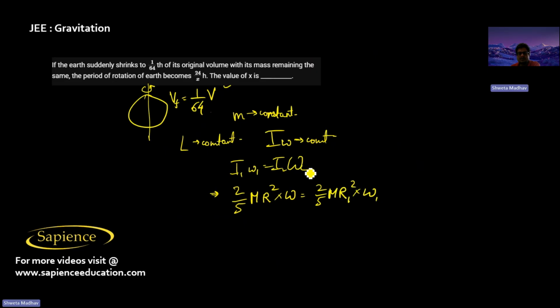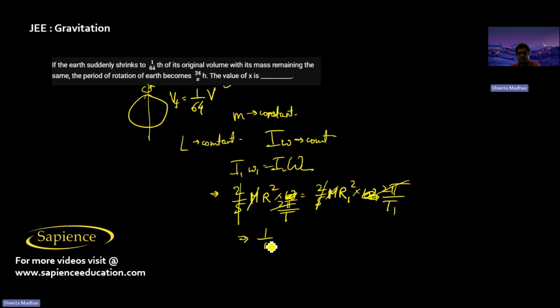Here omega 1 is the new angular speed. We can say omega is 2 pi by T, and this would be equal to 2 pi by T1. 2 pi will cancel, 2 by 5 m will also get cancelled.